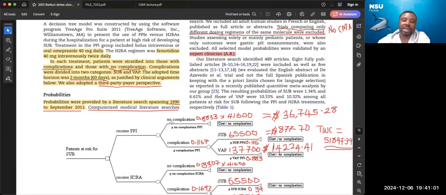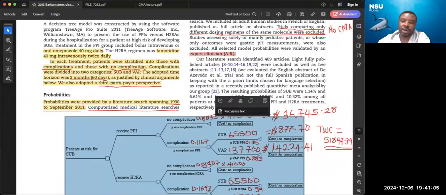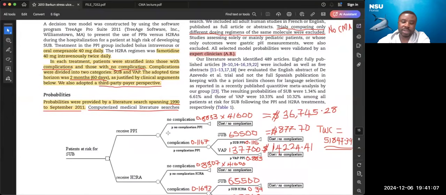And then remember that within this arm, and then that arm, everything should add up to 1. So I just subtracted this from 1, and I had 0.883 as the probability of no complication.